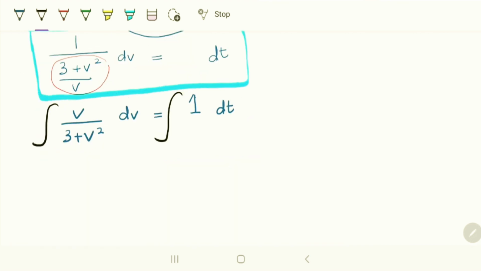Now, to solve the left-hand side, we think first, is it possible to integrate directly? It's not possible. Next, is it possible to use integration by substitution? Let us try. So let u be the denominator and find du/dv. So we have 2v.